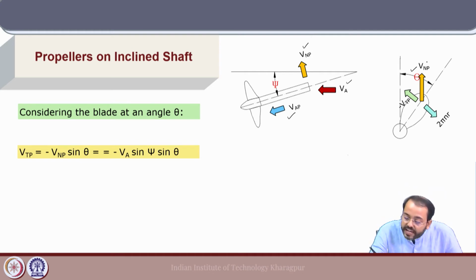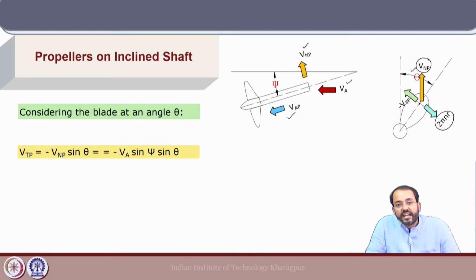Now, this VNP is the velocity component in the vertical direction for the propeller blade, and let us take a section of the propeller blade here where due to the rotation at n rpm we have the tangential velocity 2 pi nr which is standard for the propeller blade at a radius r.